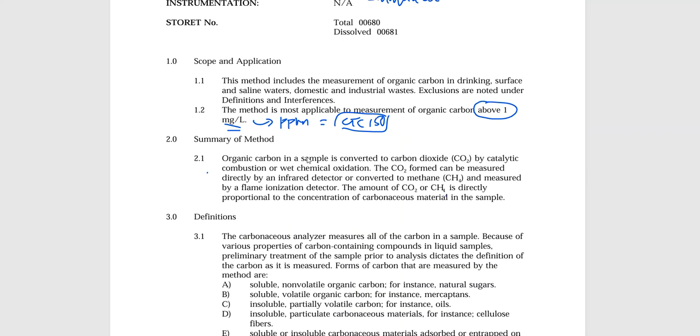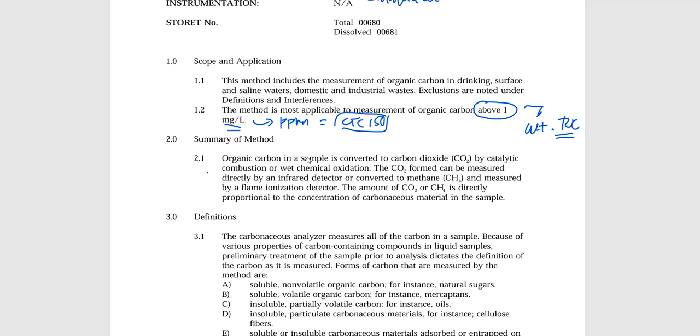So milligram per liter is parts per million. That is another way that we represent that value. So it looks like these are going to be great. The oxidation version, or the combustion version, is going to be great if we want a ppm that's greater than 1. If we want something less than 1, then there is another alternative to the TOC with this.